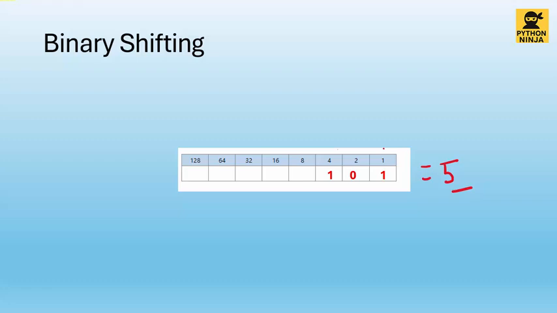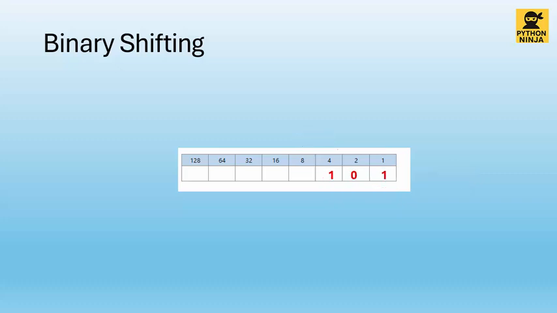We take this binary number and we move everything across to the left one square. And if we look at that, we now have a value not of 5, but if we take 8 plus 2, that is 10. We just fill in the gap with a 0.